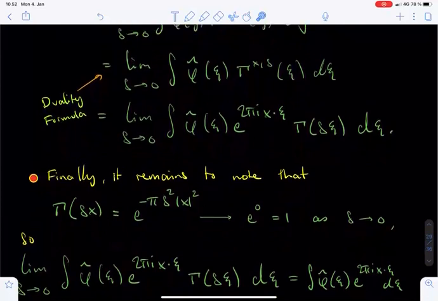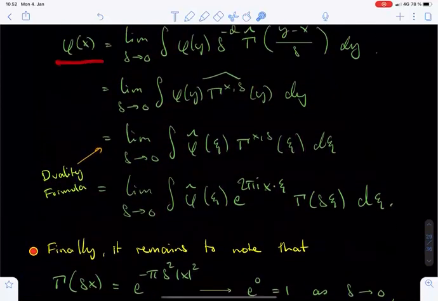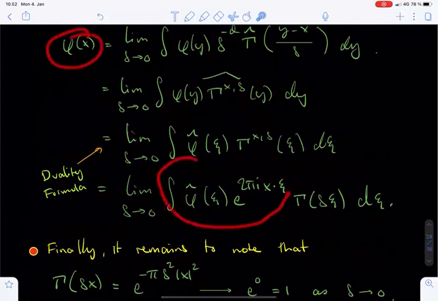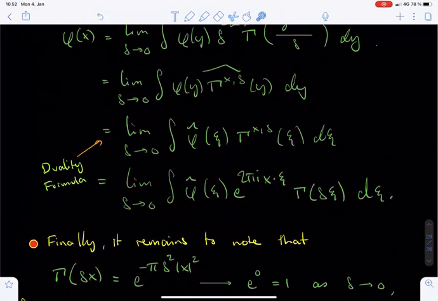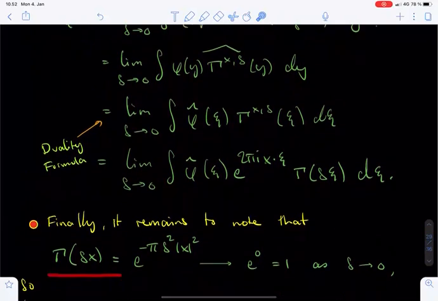If one now compares the left and right hand sides of the long formula above, one can already recognize the Fourier inversion formula. The only thing which is not yet right is the factor gamma evaluated at delta times xi. However, as delta tends to 0, this factor tends to the value of the Gaussian at the origin, which is equal to 1.